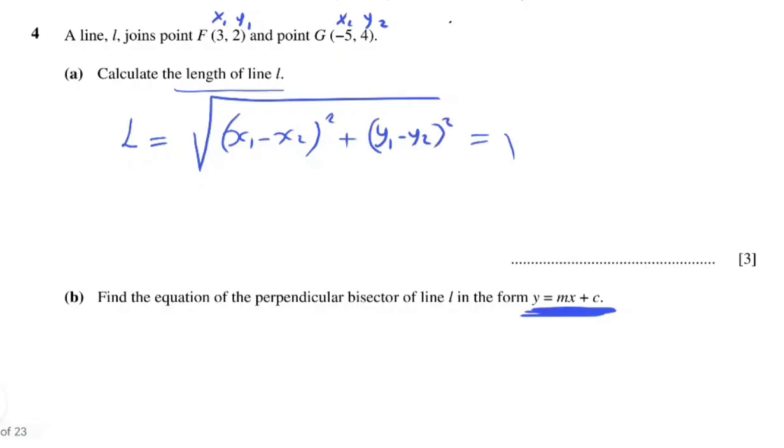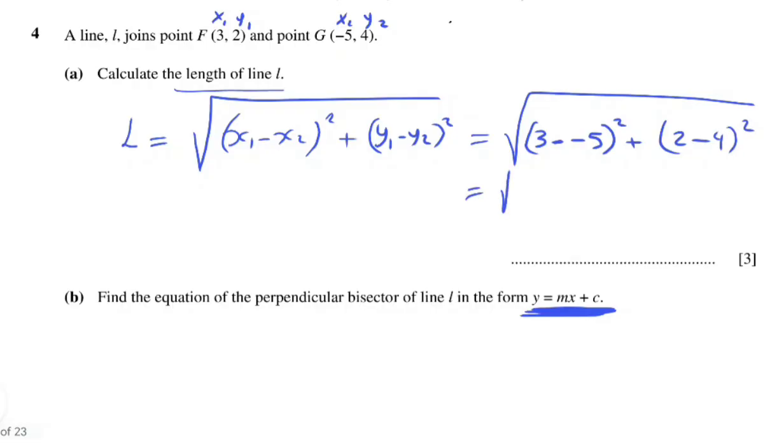So if you substitute in this formula, x1 is 3 minus x2, which is minus 5. Take care about this also, because some students forget to make it squared. Plus y1 is 2 minus y2, which is 4.